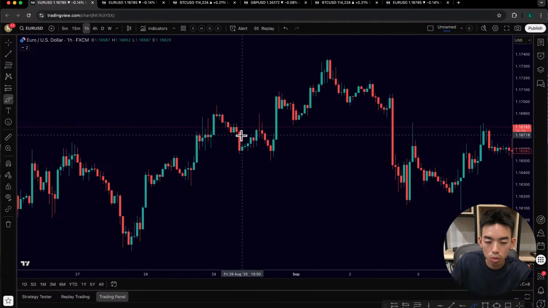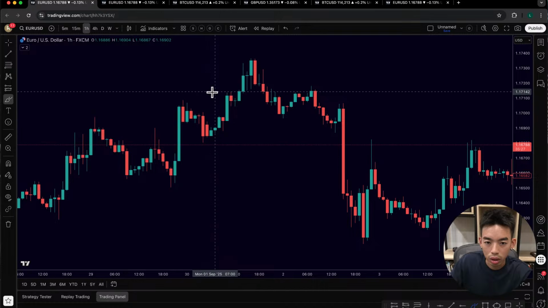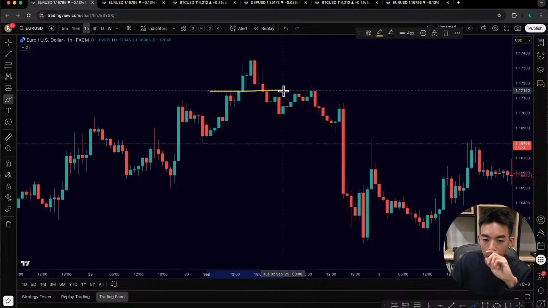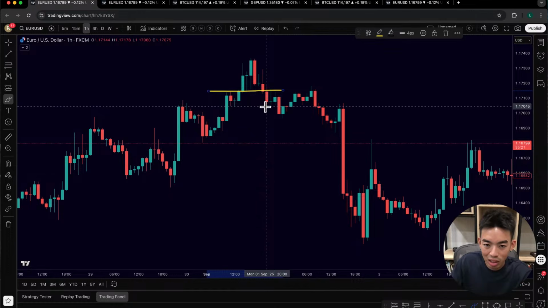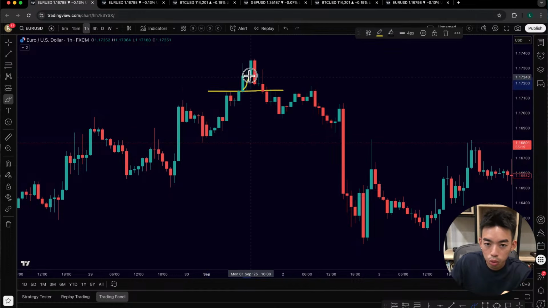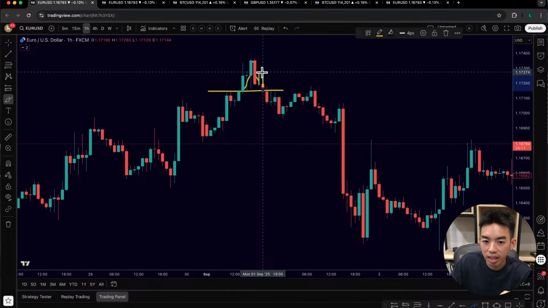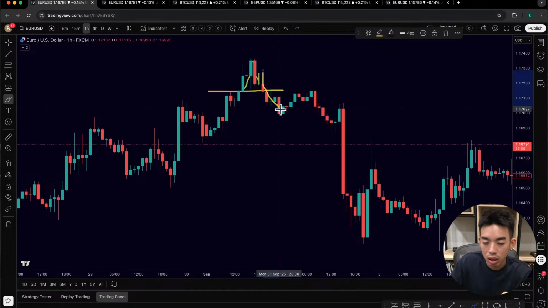Now let's zoom in on this area a little bit more. Let's say this is the area where people are looking for the buys. I want you to focus on the candlesticks here. We moved to the upside, we came down, a little bit of a push up, and then closed as a red bar, and only then we came back down.